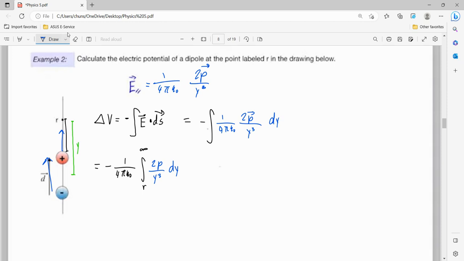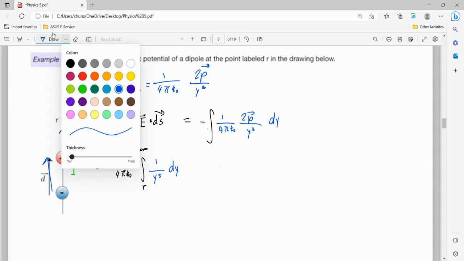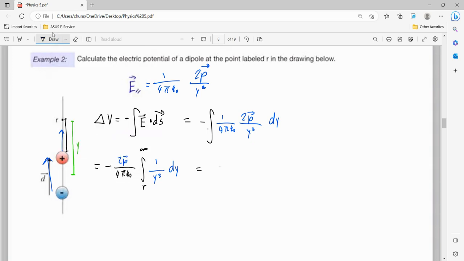We can also move this 2p out, so I'm just going to do that now, because that is going to remain constant as well. And that just leaves 1 over y cubed in the integral. If we integrate, this becomes negative 2p over 4 pi epsilon naught, and that's 1 over 2y squared from r to infinity.